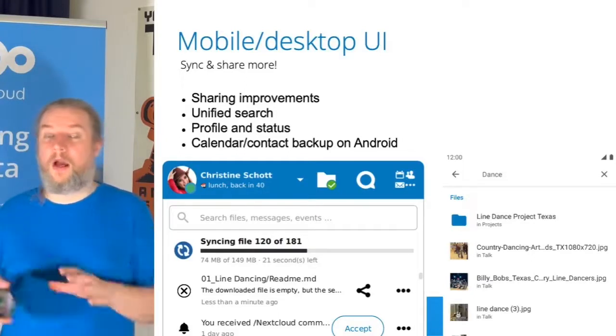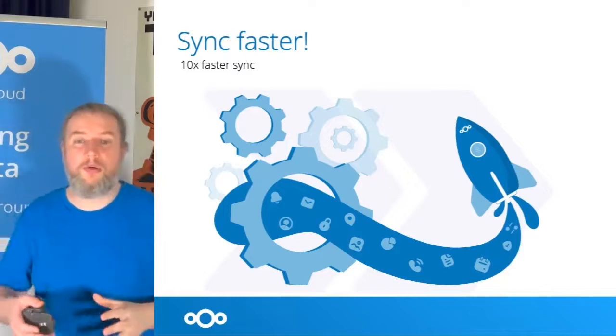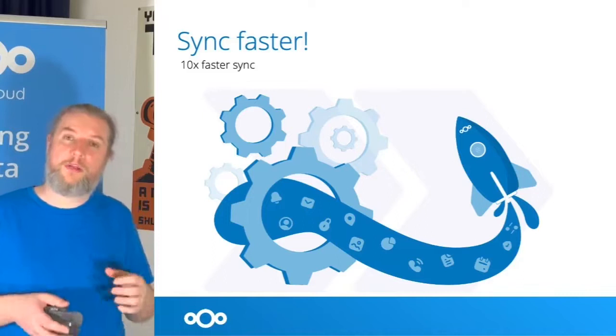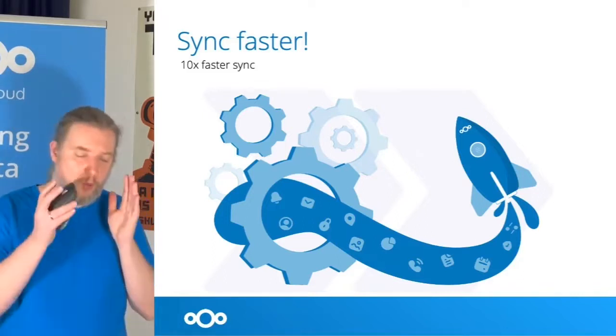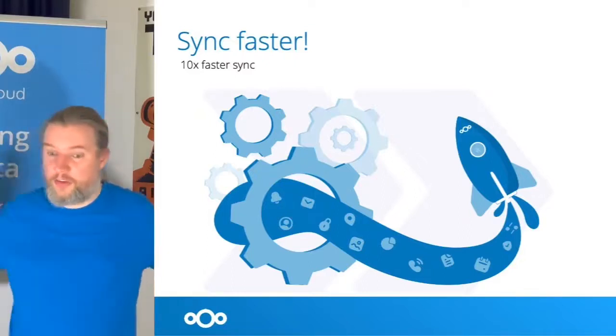So, I mentioned performance. And this release introduces a really cool new feature. So with Nextcloud, I talked earlier about how PHP works. One request, one PHP process. Now, again, this scales really well.